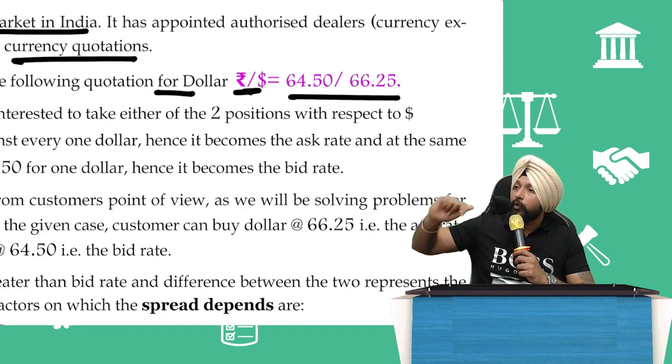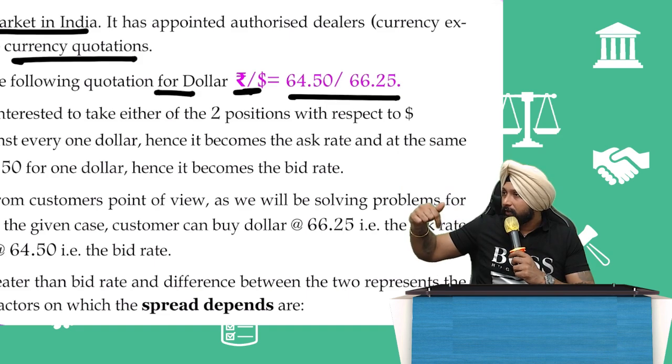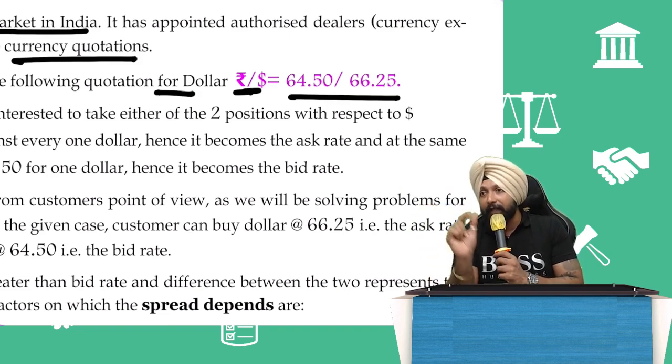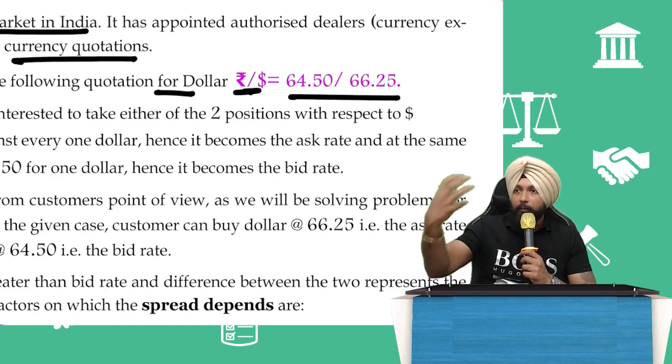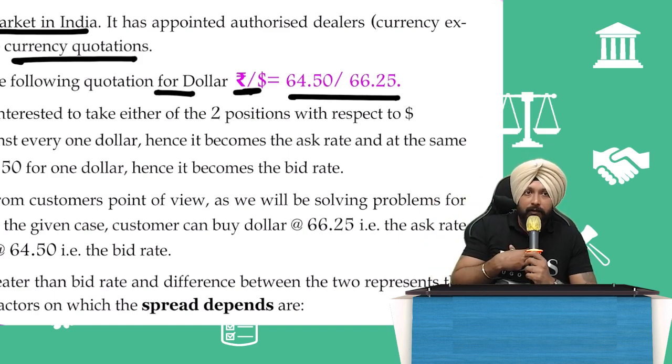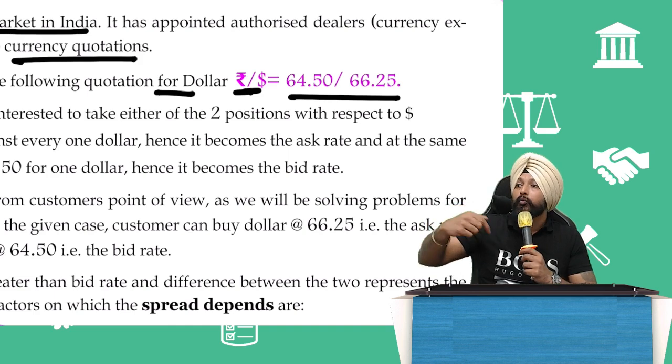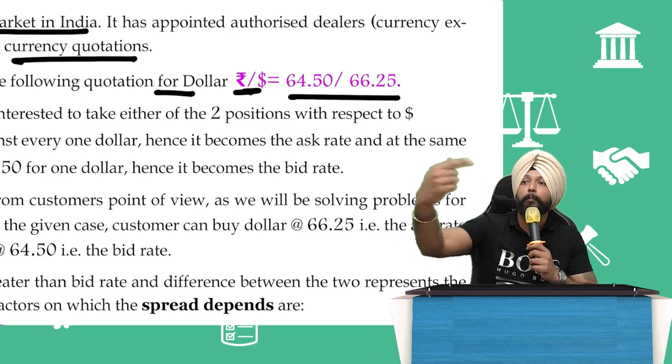And if you want to sell dollar to me, then I am bidding to pay you 64.50. That is what the bank is asking you to pay, and what the bank is bidding to pay you.